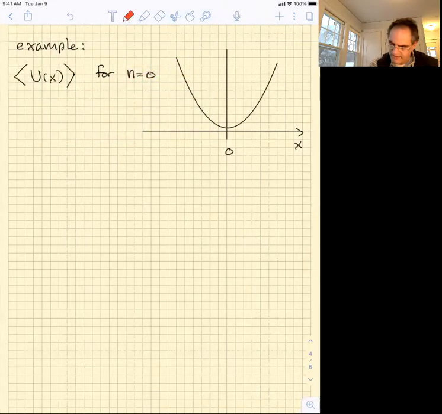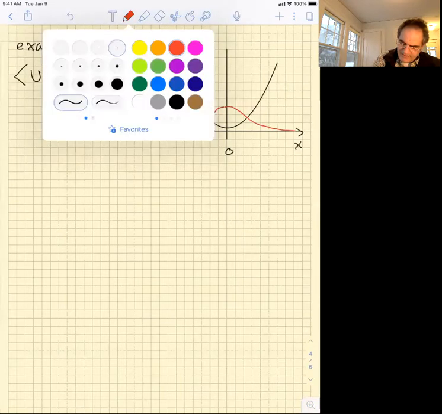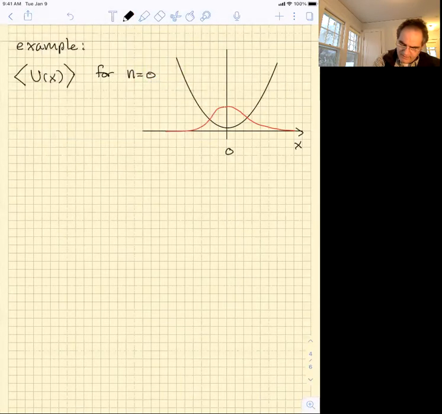Remember that the n equals 0 state of a harmonic oscillator potential looks like a Gaussian function. Try to sketch it out here. Also remember that U of x is equal to 1/2 m omega naught squared times x squared.